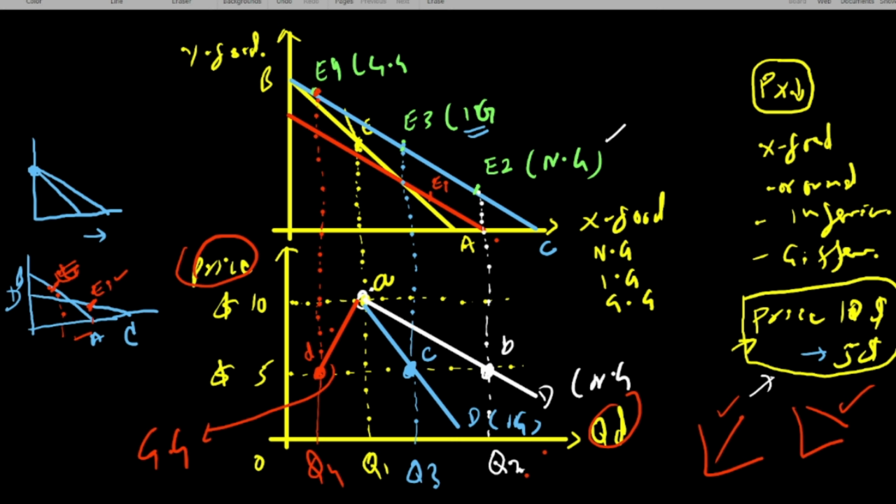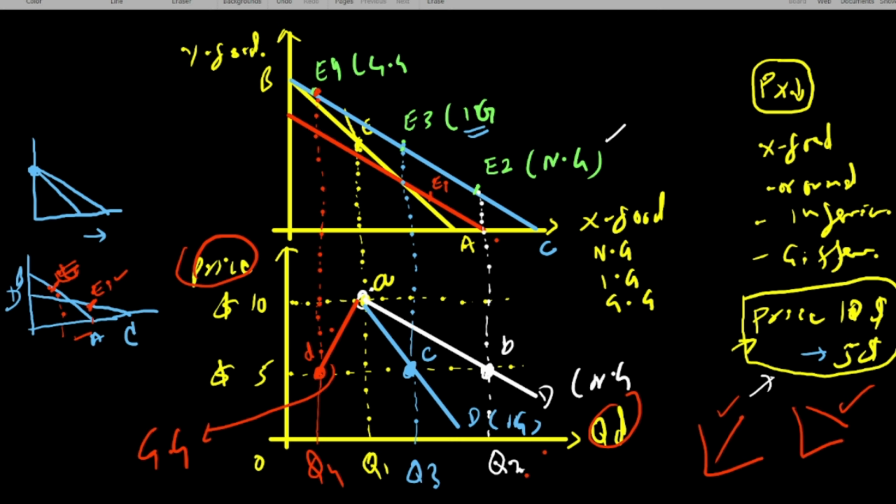So the demand curve will be negatively sloped in both the cases. However, the demand curve will be relatively steeper in case of inferior good and flatter in case of normal good. On the other hand, the demand curve in case of Giffen goods is positively sloped, which is an exceptional case.